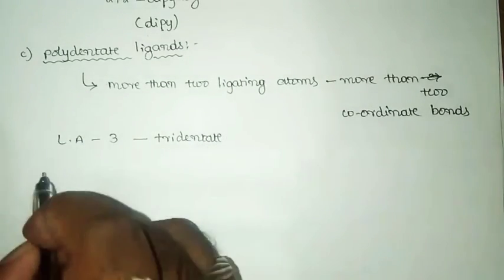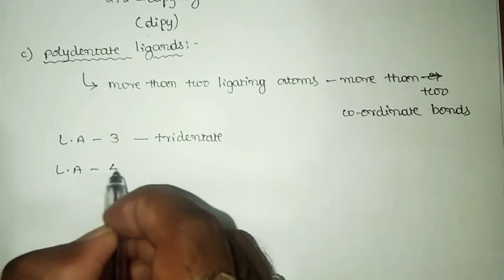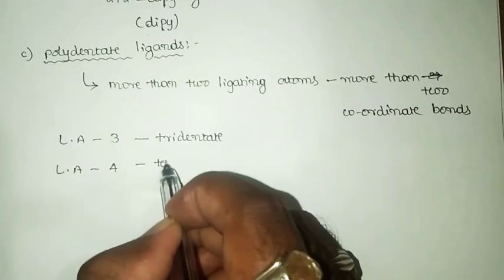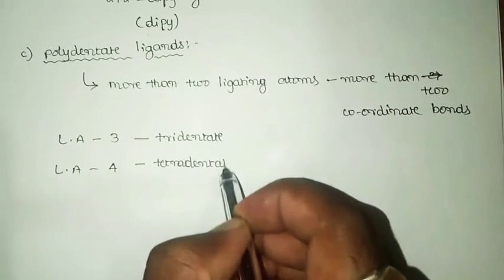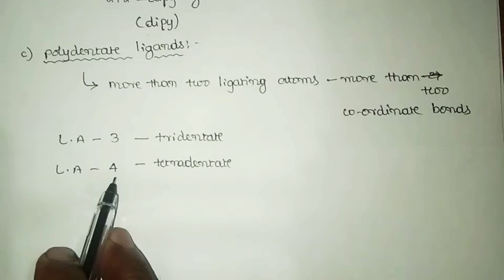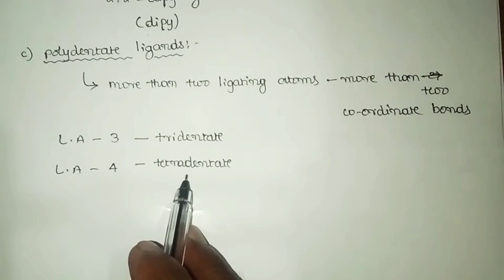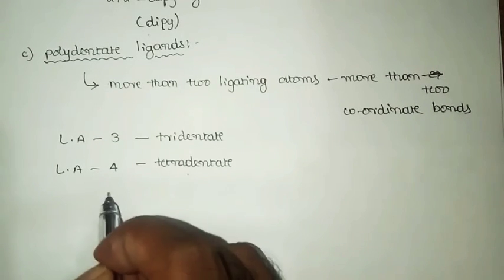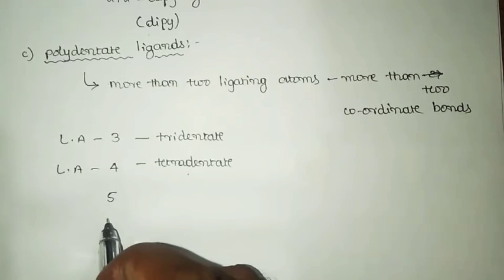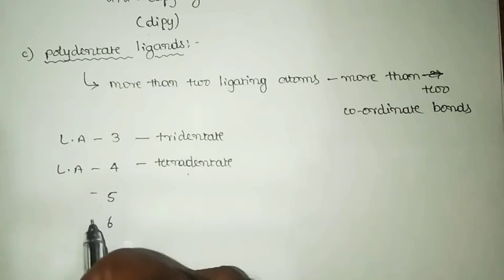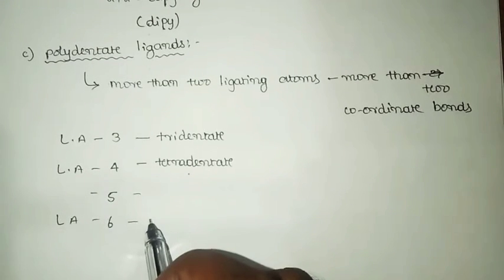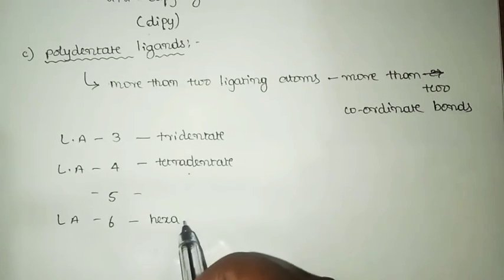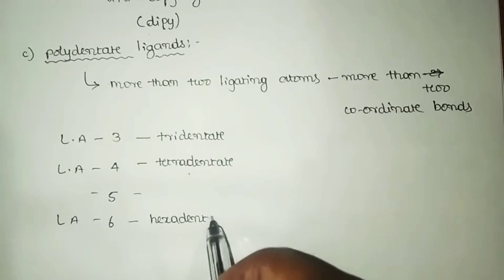And if the ligating atoms are 4, then it will be called a Tetradentate Ligand. If it is 3, Tridentate. If the number of ligating atoms is 5, it is called Pentadentate, and if the number of ligating atoms is 6, it will be called Hexadentate Ligands.